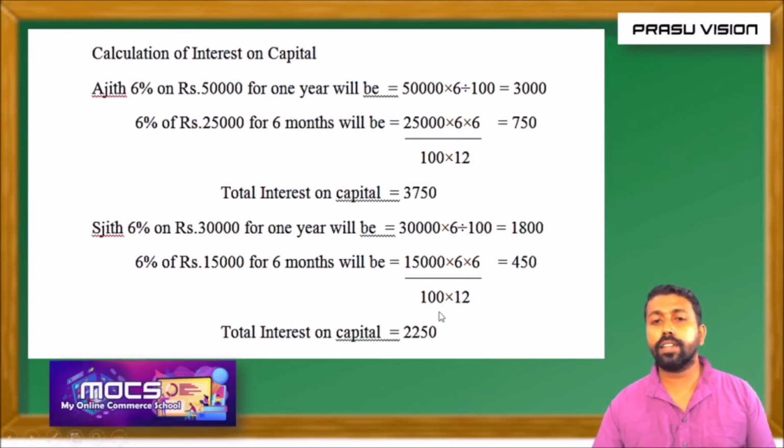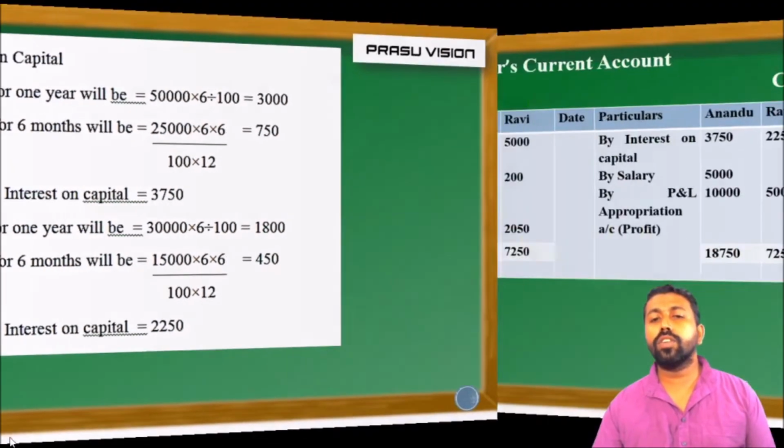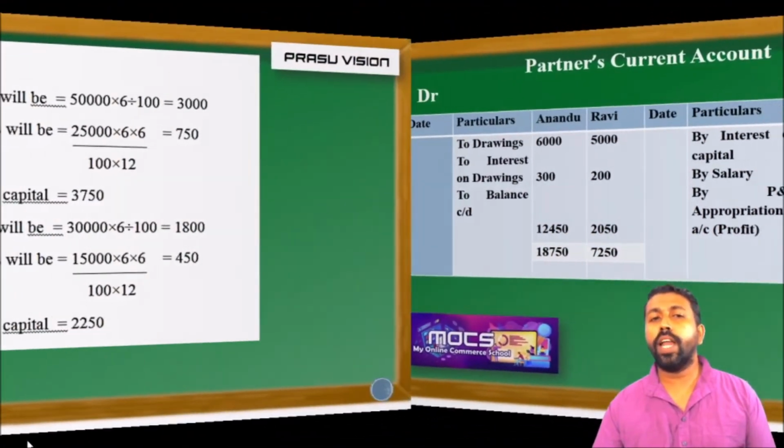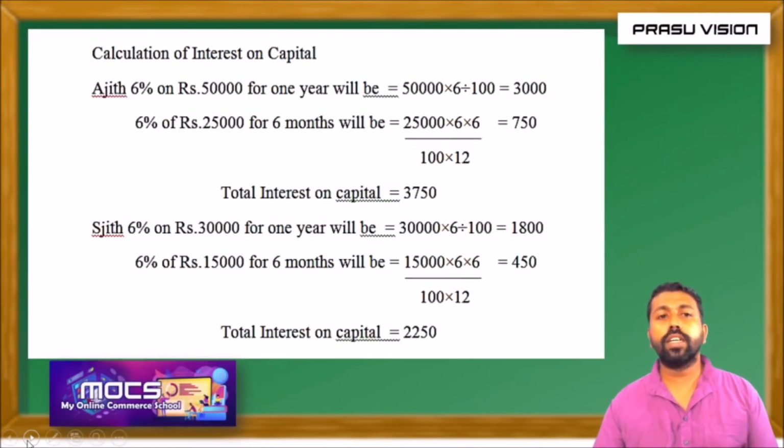And we are paying interest for 6 months. So the total interest on capital of Sajit is 2,250. So in this method, when additional capital is brought, we have to be very careful while calculating the interest on capital of each partner. Hope the idea is very clear.